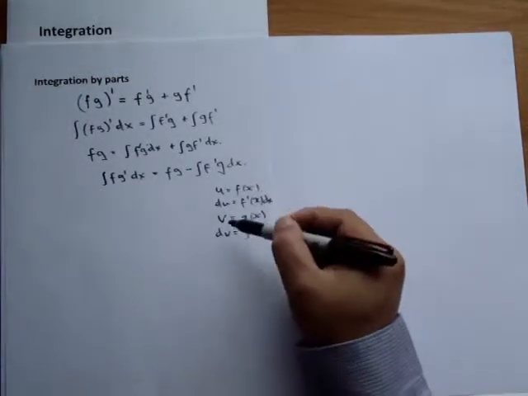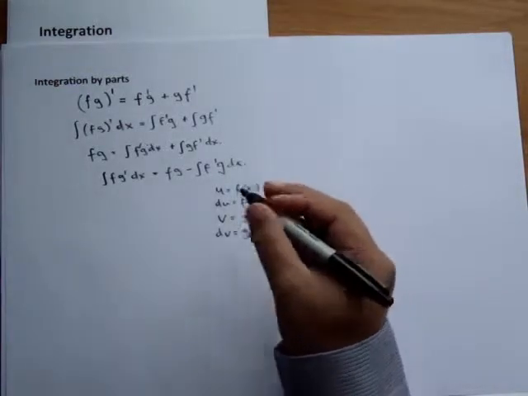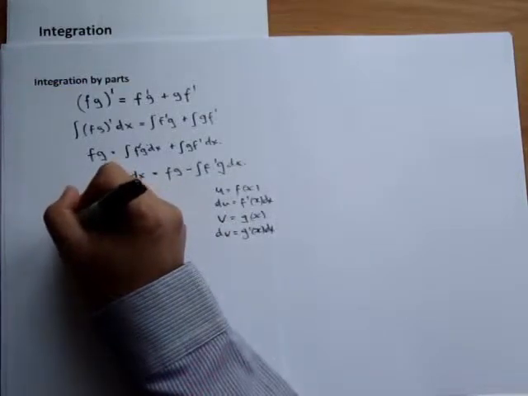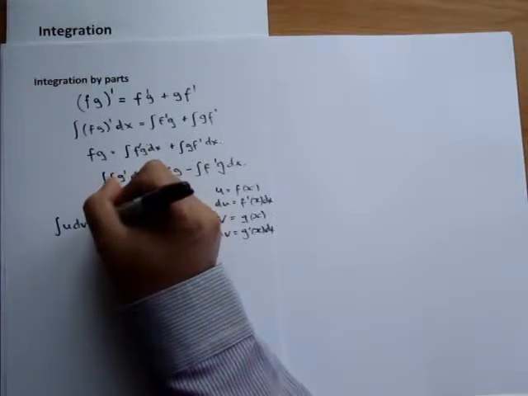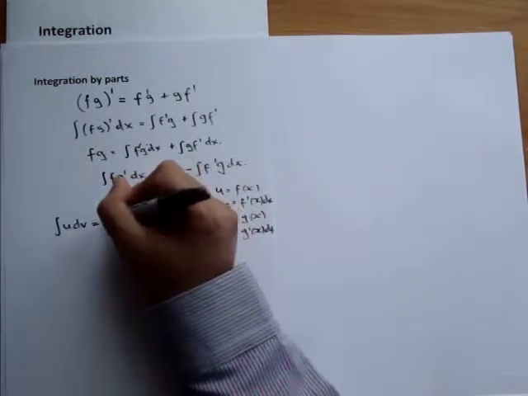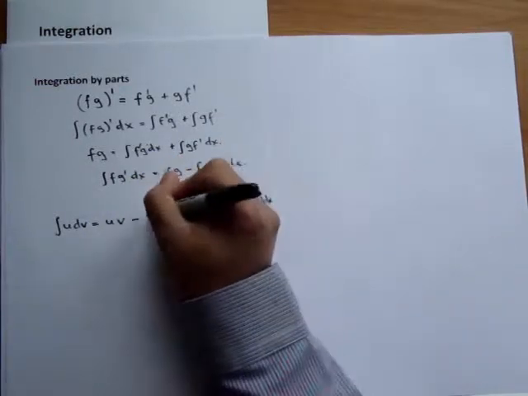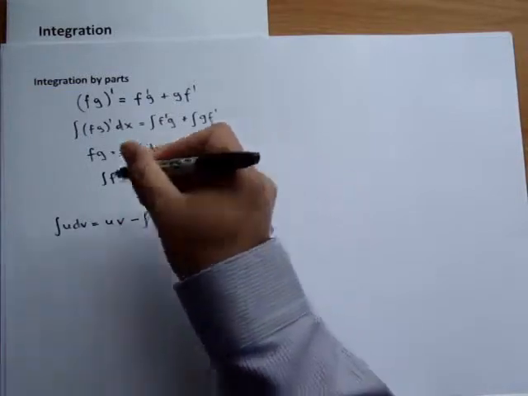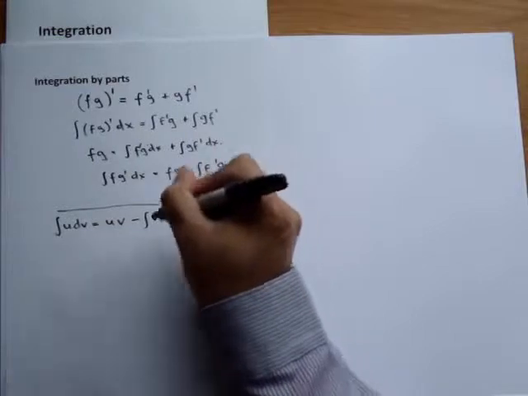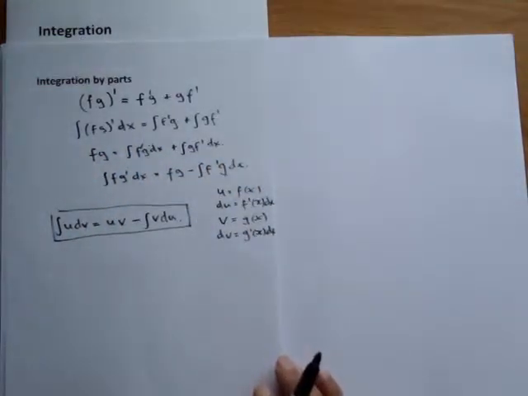So when we substitute back with our u's and dv's, we get the integral of u dv equals uv minus the integral of v du. And that is our integration by parts formula.